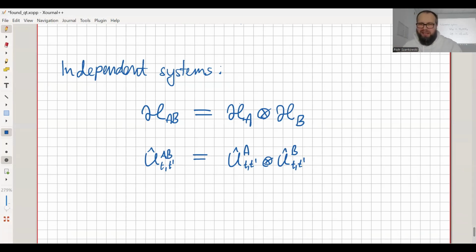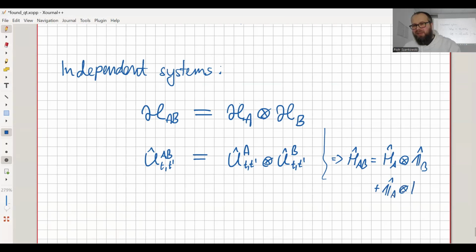Which implies that the Hamiltonian AB would have the form of Hamiltonian A times 1 plus 1 in A times H B. Okay, so the Hamiltonian is this kind of sum of two parts.